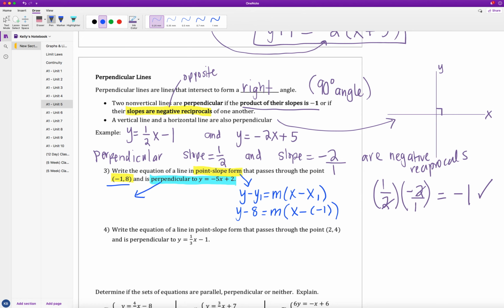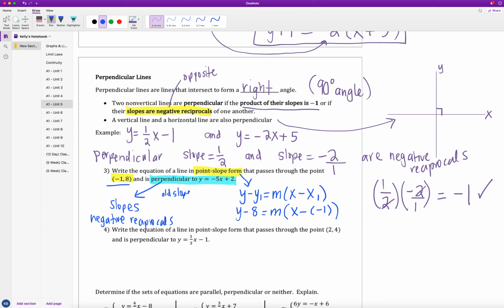Because they're telling me that the line is perpendicular, my slopes are not going to be the same anymore. They would be the same if this said parallel, but since we're asked to find the line that is perpendicular, the slopes are going to be negative reciprocals. So let's calculate our old slope.